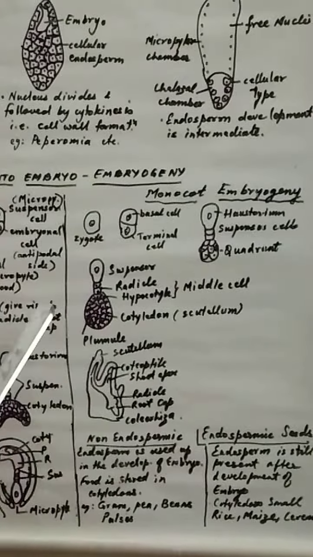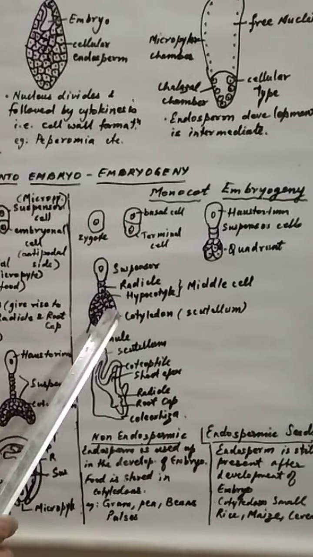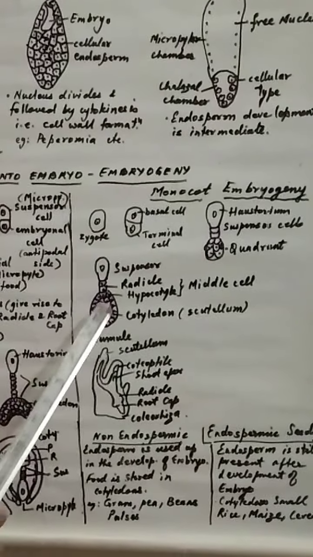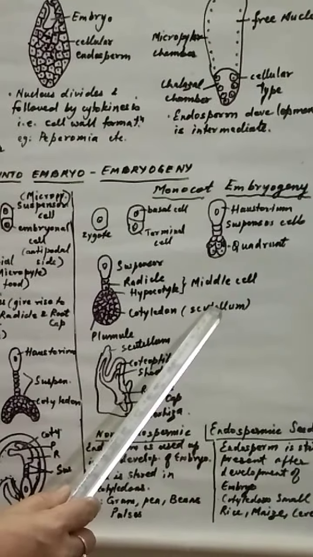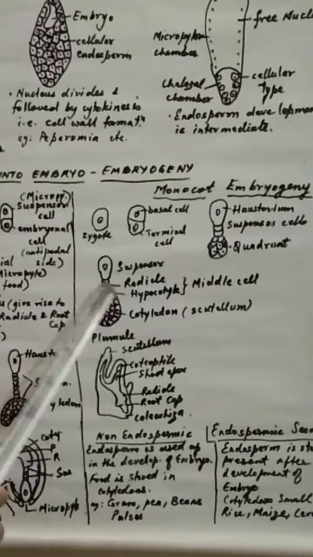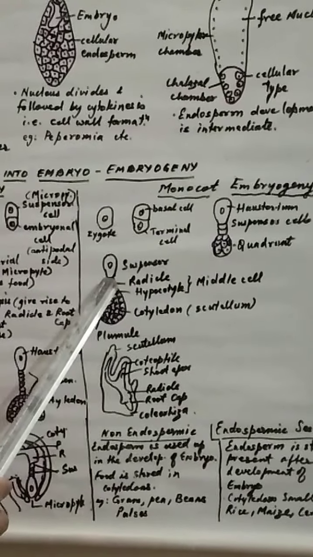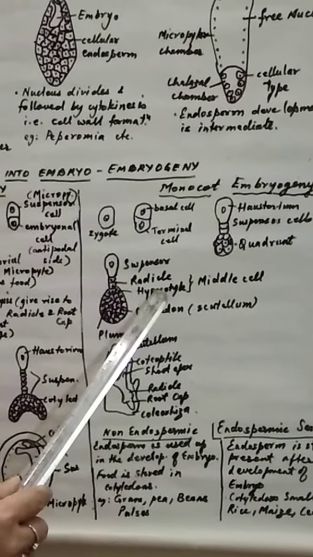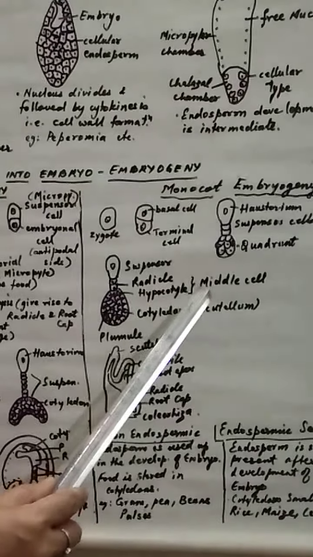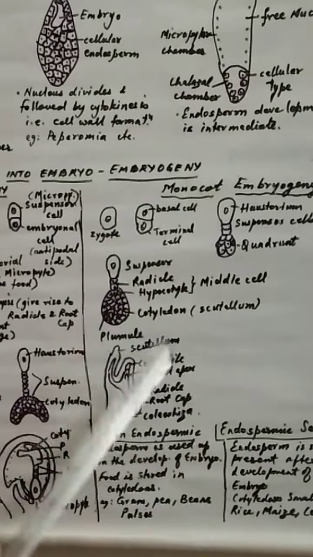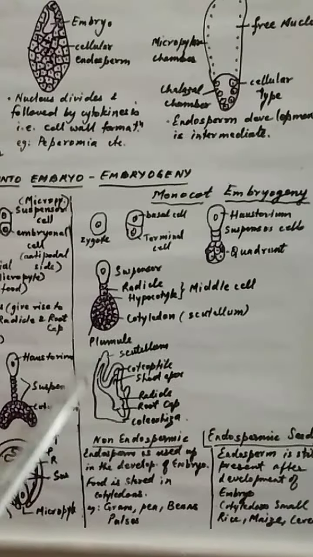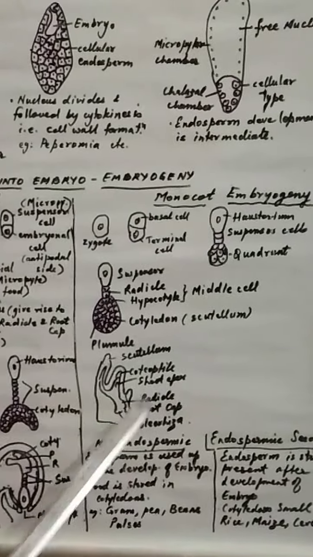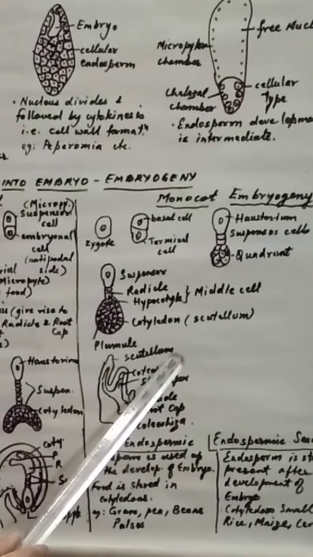In monocot seed, you know that they have single cotyledon, which is later going to be called scutellum also. So it is similar. Radicle is on the bottom of the suspensor cells, which is called hypocotyl, and these are the middle cells of it. Now, later on it develops into this structure, in which cotyledon is called scutellum.